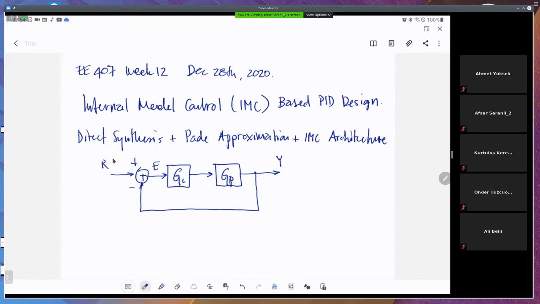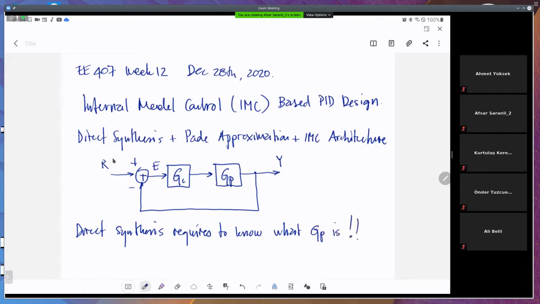Okay, now direct design for this architecture requires that you exactly know what GP is. So direct synthesis requires to know what GP is.